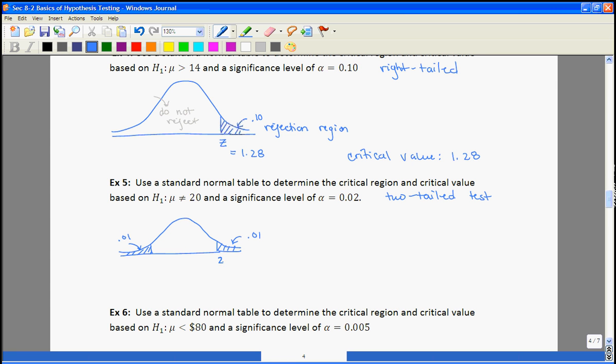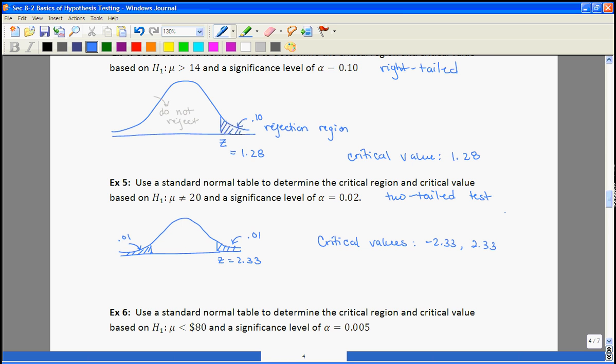So that gives me a z-score of 2.33. So my critical values, I have two of them this time, since I'm two-tailed, is negative 2.33 and positive 2.33.